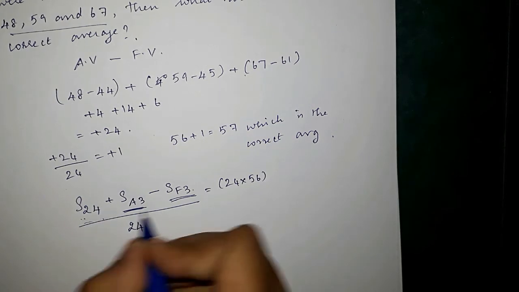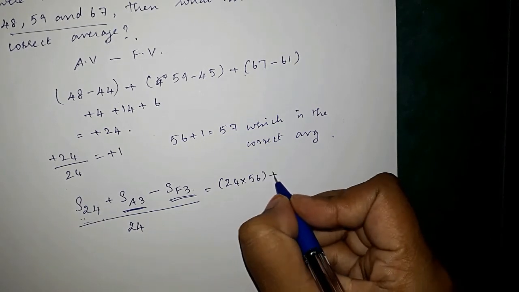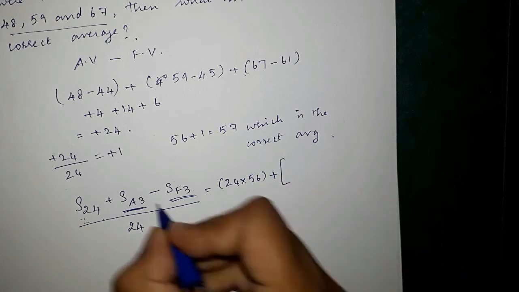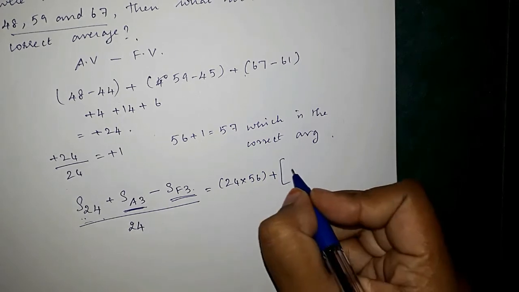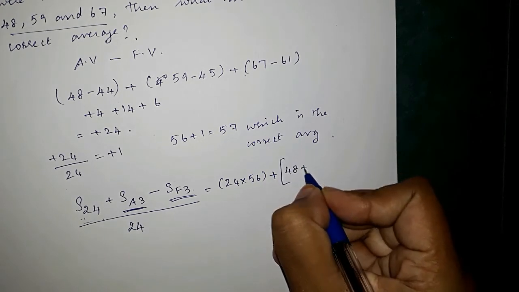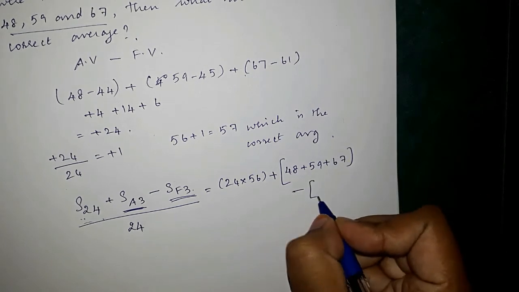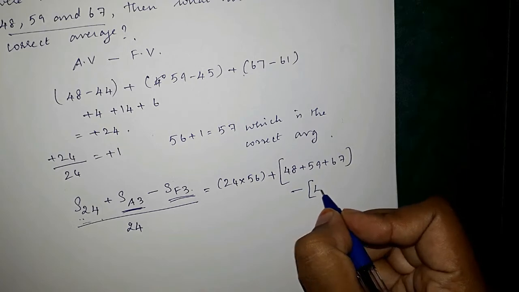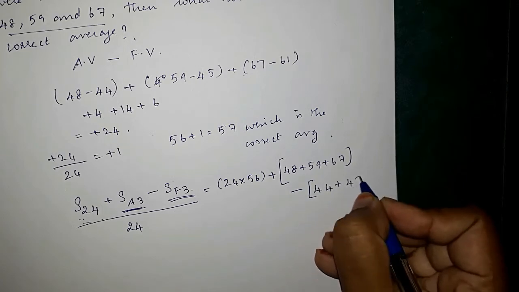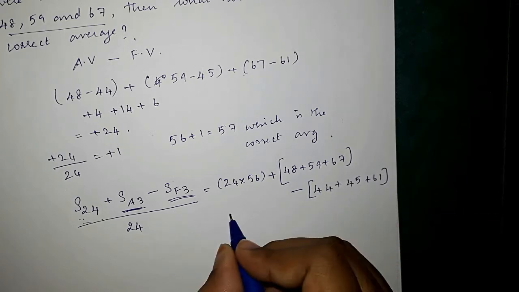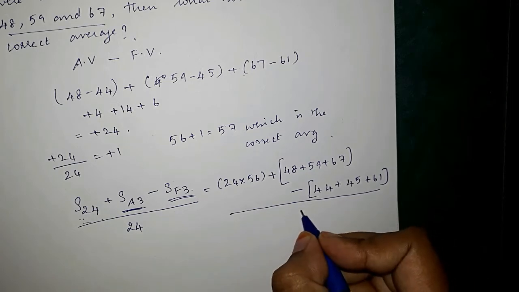This is the sum of 24 students plus the sum of the actual 3 marks, 48 plus 59 plus 67, minus the sum of the false marks, 44 plus 45 plus 61, and we have to divide it by 24.